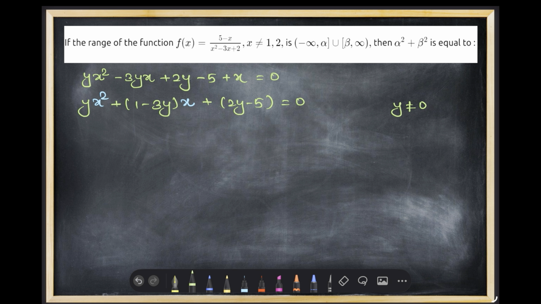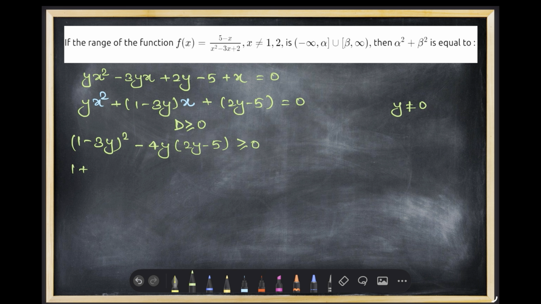So look here. We are interested in real values of x. So for real roots, we have to make sure that D should be greater than or equal to 0. So b square, 1 minus 3y whole square, minus 4a into 2y minus 5, greater than or equal to 0.